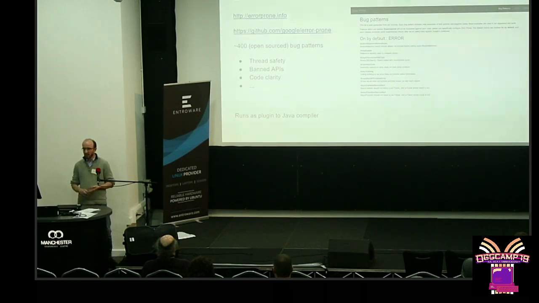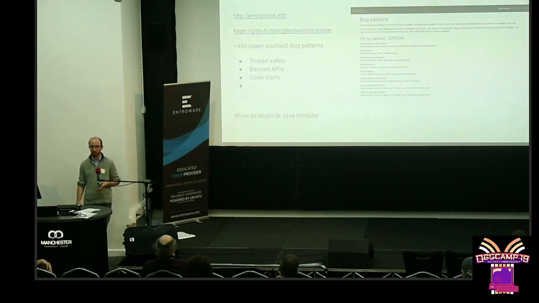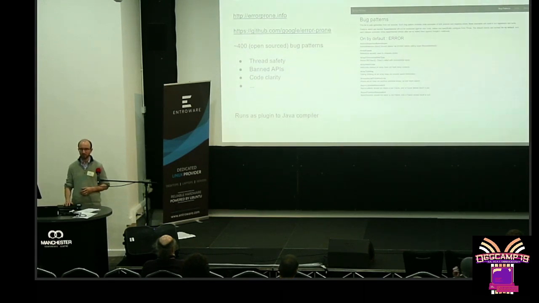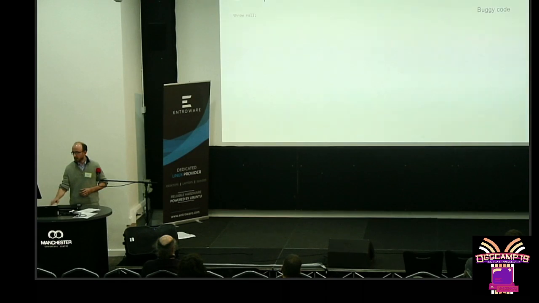To an extent, it's a bit of a hammer and everything looks like a nail. So we use this hammer, or I do certainly, but it's really flexible. And it runs as a plugin to our build system, which, if you look in the paper here, it says is a customized version of Bazel used for compilation.